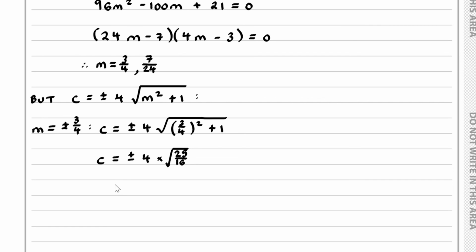So I've got c equals plus minus 4 times by 5/4. So in this case, c is equal to plus minus 5. 4 times by 5/4 is 5.